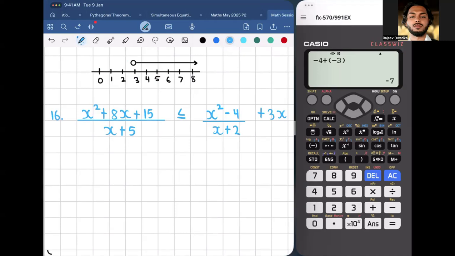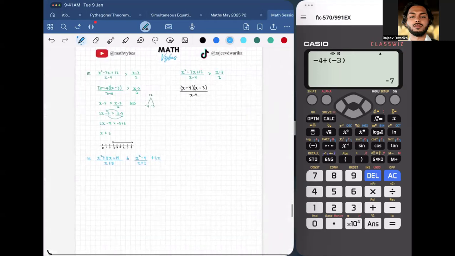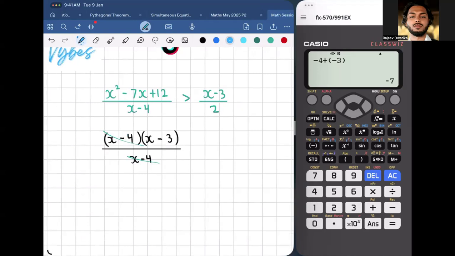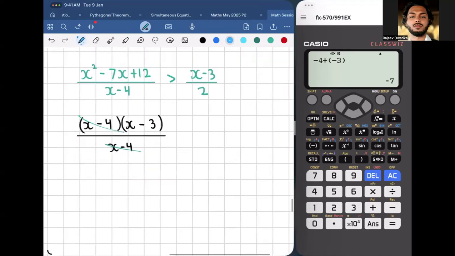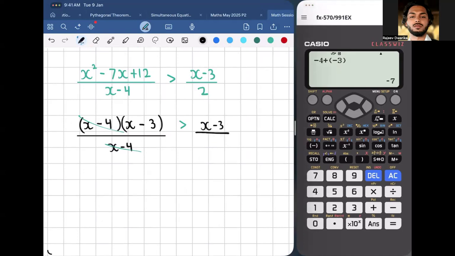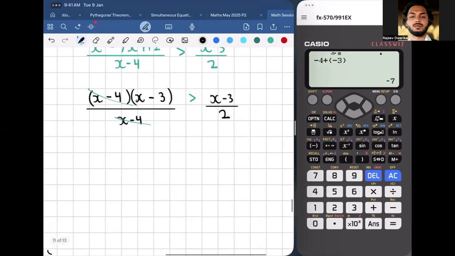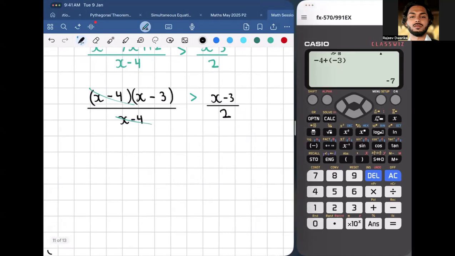All right. So Joshua, let's get back to the question quickly. The x minus 4 and the x minus 4 would have cancelled off because we actually have a product on top. And over here we have x minus 3 over 2. So what am I gonna write in the next line?